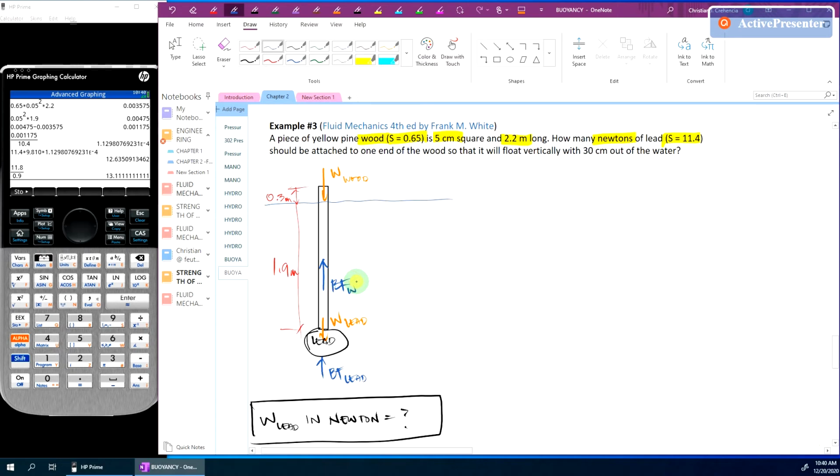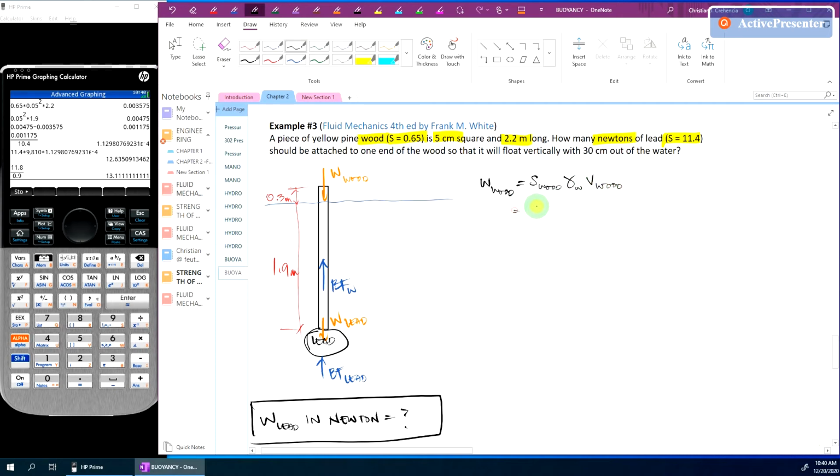Okay. So, let's solve muna yung mga forces na yan. Okay. So, let's start with the weights. So, yung weight ng wood, so, sa kanina example natin, weight is equal to the specific gravity ng wood, times the specific weight or unit weight ng water times the volume ng wood.